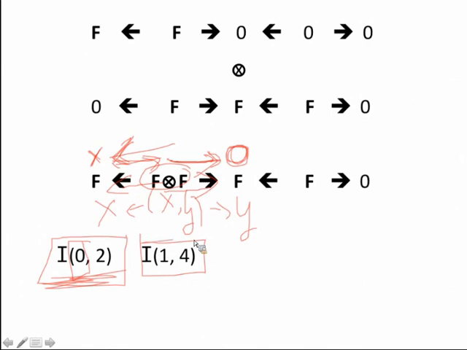Similarly, if I take a look at y, well, y goes to here, it goes there, here it goes to 0, and so eventually y gets killed off. So it was created at time 1, but then it got killed at time 4, and so we can talk about y's persistence as well.